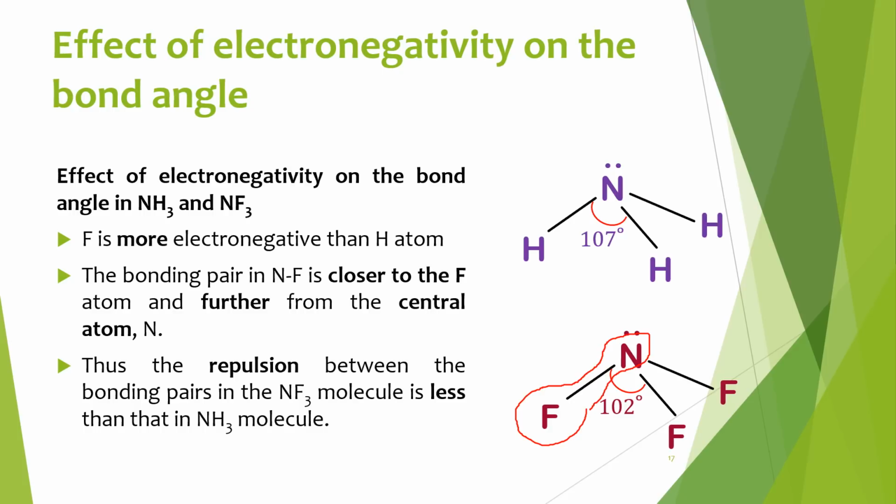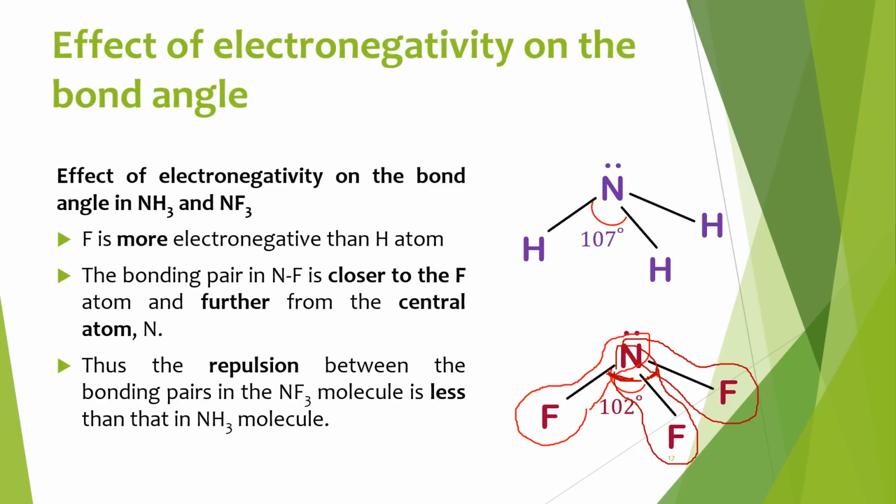So as you can see, in between the bond of F and N, the electrons will favor the F rather than N because F is more electronegative. So this is all the electron cloud between the bond of N and F. As you can see, at the central atom, there is not much electron gathered. So when there is not much electron gathered here, the bond angle will be lower because the force of repulsion is less.